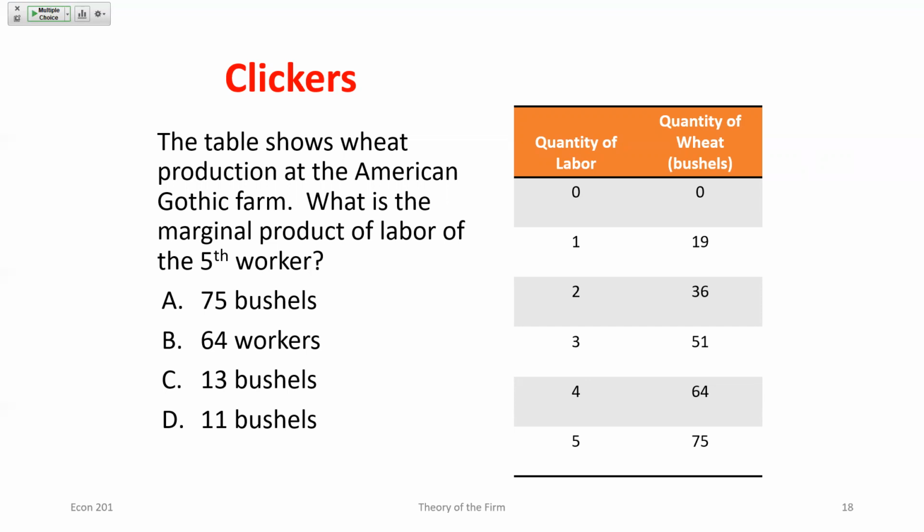What's my change in output going from the 4th to the 5th worker? Just 9, right? Oh, no, it's not 9, it's 11. I looked at the numbers wrong. It's 64 and 75, not 74 and 65. So it's just the change in output, the difference between 75 and 64. That fifth worker added 11 bushels of wheat, I guess.